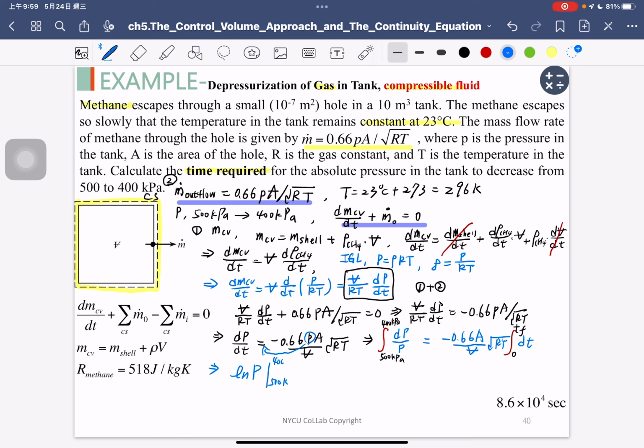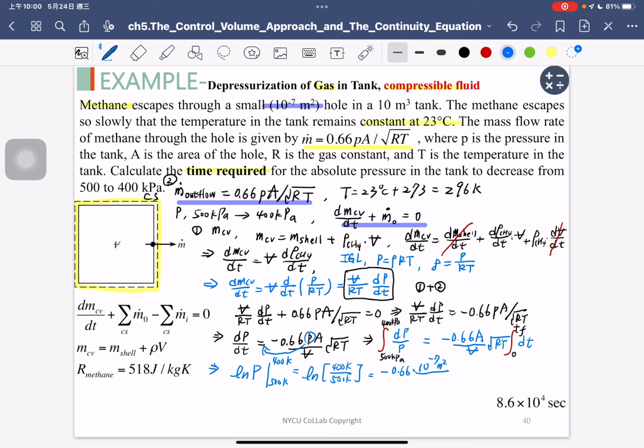500k to 400k. And you can rewrite it as ln of 400k divided by 500k, and this will equal minus 0.66 times the area. The area of the small hole is 10 to the minus 7 meters squared.